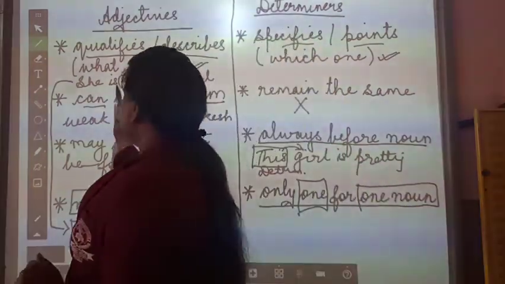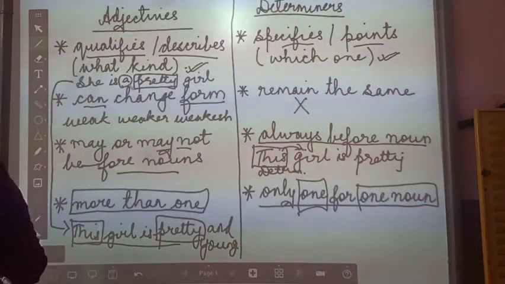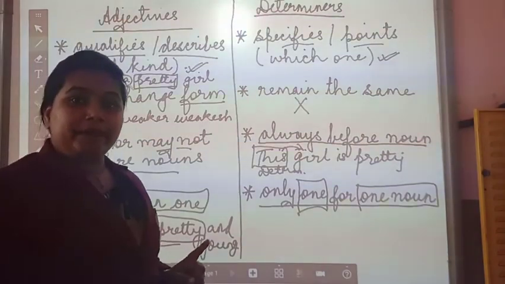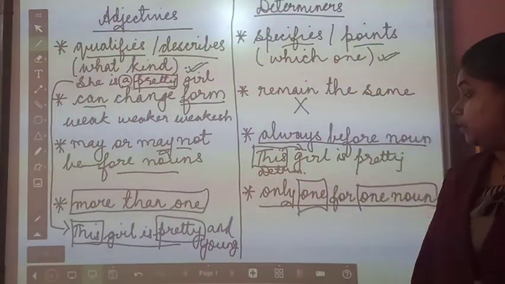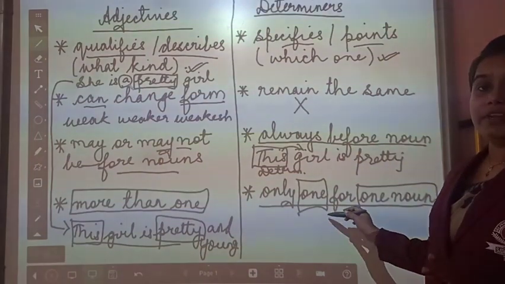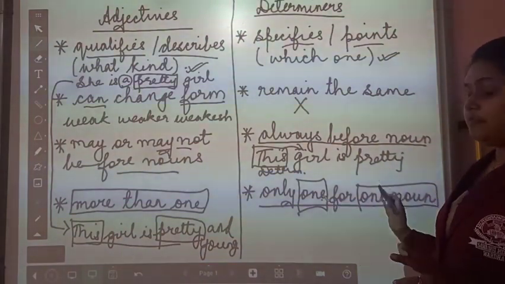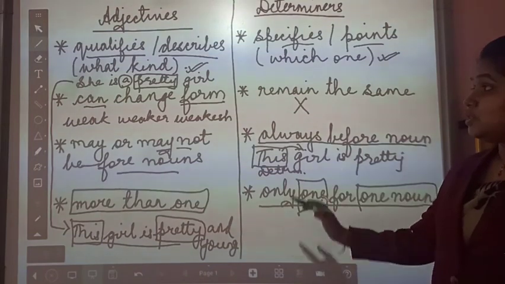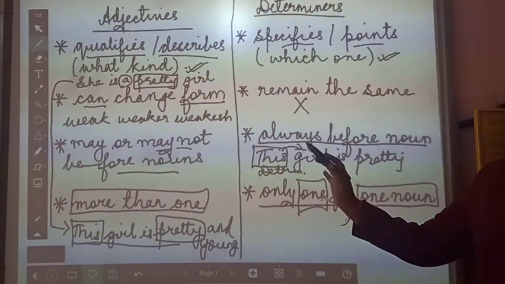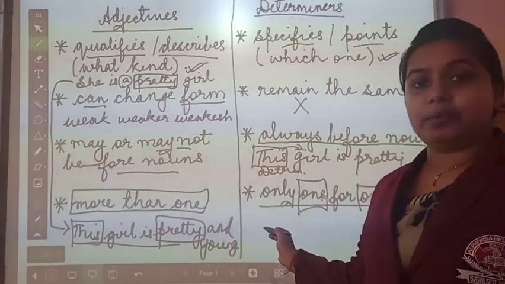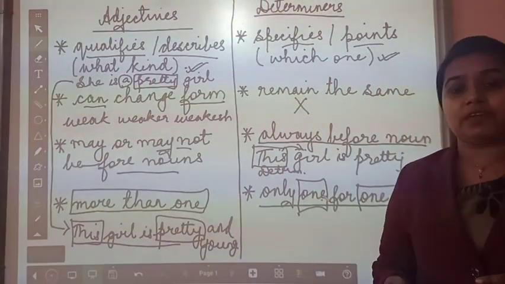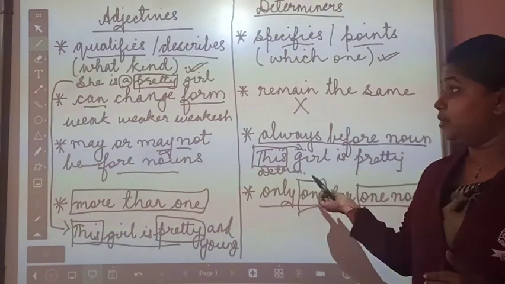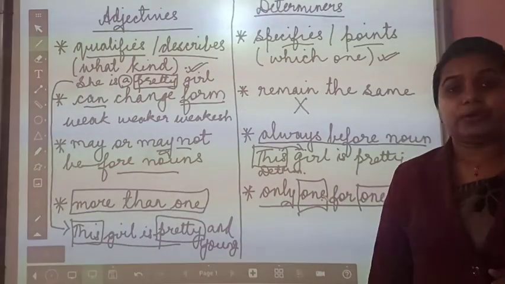Here, a is your what? Indefinite article. Okay, so it is also a form of determiner. So what we have to remember, we will use only one determiner for one noun. So this is the difference between adjectives and determiners. I hope now this is clear to you. As we read further the different kinds of determiners, it will be more clear to you.